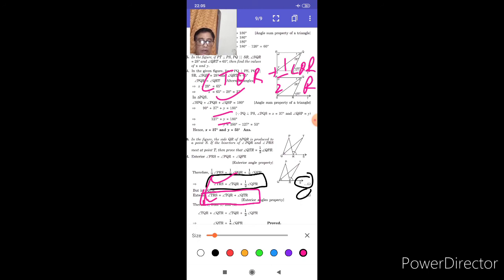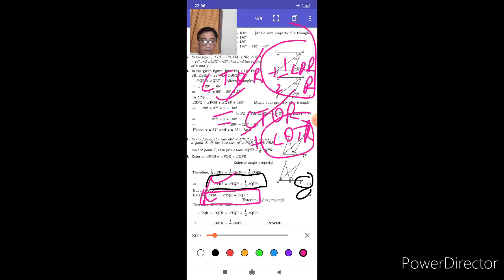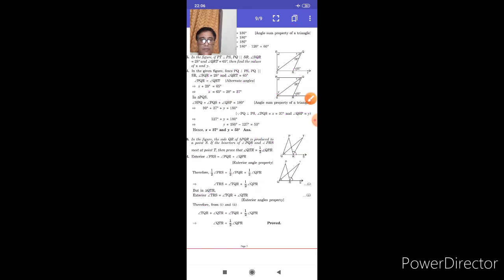So what we get: angle TQR plus 1/2 QPR equals angle TQR plus angle QTR. This TQR and this TQR cancel. So what is remaining here? QTR equals 1 by 2 QPR, which is our required solution. Okay, this one we had to find. Okay student, clear? Okay, thank you very much.